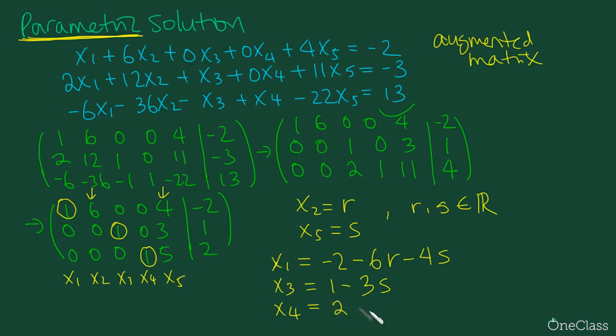We move this to the other side, so it's minus 5s. So we describe x1, x2, x3, x4, x5, whereas x2 and x5 needed to be expressed in terms of parameters. And that is why we also express the other variables in terms of parameters, a combination of r and s, and for the other we just needed to have s.